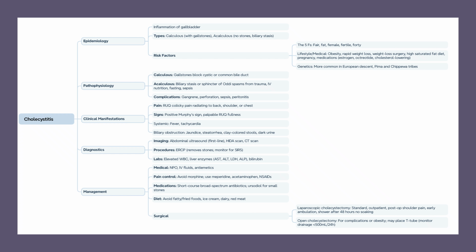We just covered cholecystitis with epidemiology, pathophysiology, clinical manifestations, diagnostics, management, medical, pain control, diet, surgical, and nursing management.